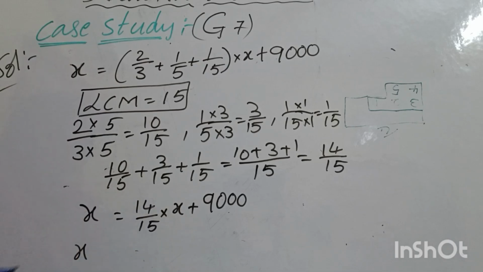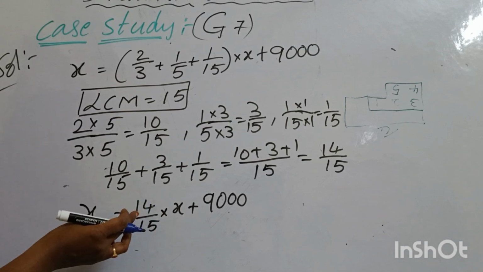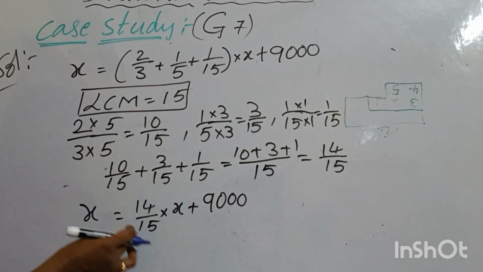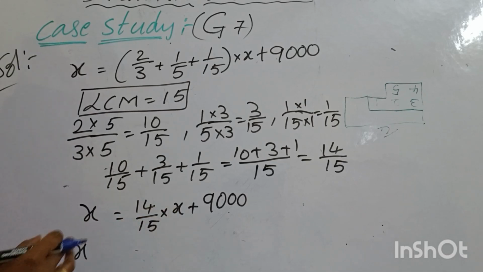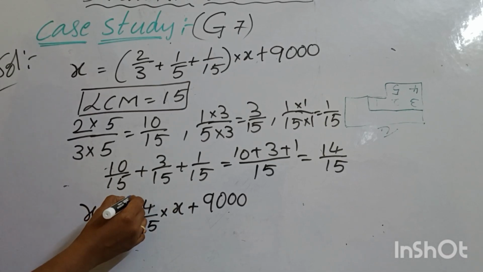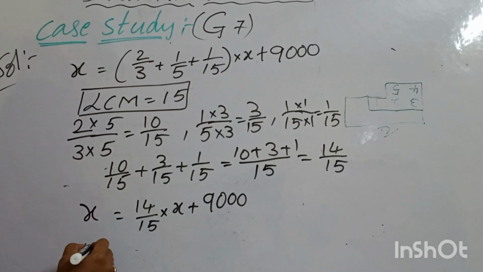But I'm taking it along with the variable, so overall the symbol is plus, so it will turn into minus 14 by 15 X.